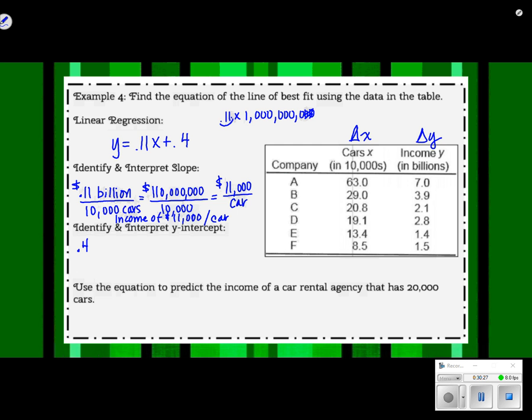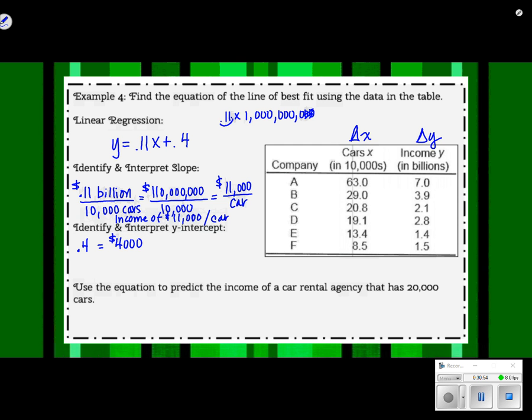All right, so then now we've got this 0.4, so we're in the same idea of what's going on. So 0.11 became 11,000. So 0.4, what do you think? I'm thinking becomes 4,000. So this is going to be 4,000, and that's going to be when we have 0 cars.